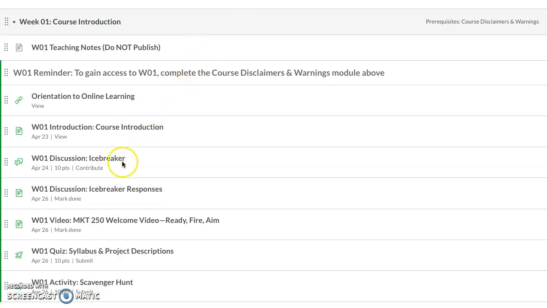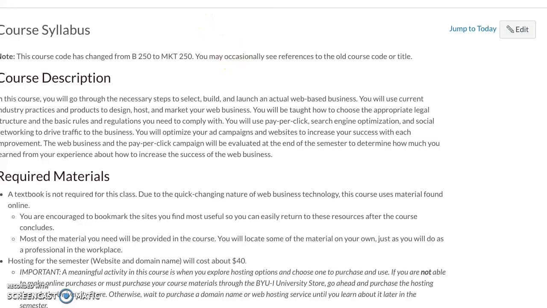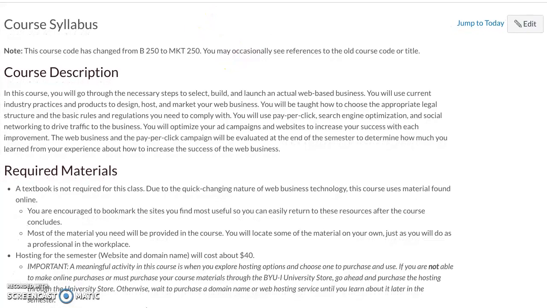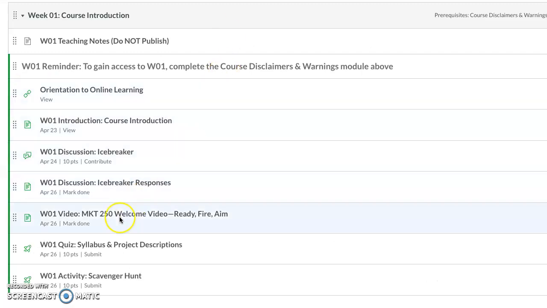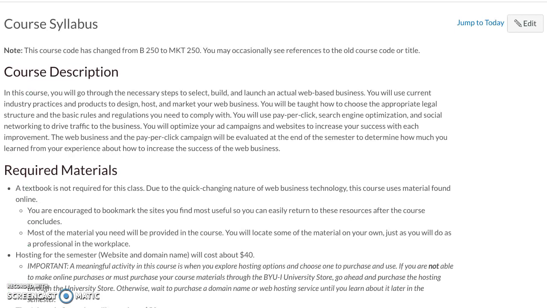So what I want to jump into before we get into details on the icebreaker discussion board is the syllabus. I have this loaded. If you need a link to it, it will be available in that quiz right here, the syllabus, quiz, and project descriptions. There's a link to the syllabus and the project descriptions there.